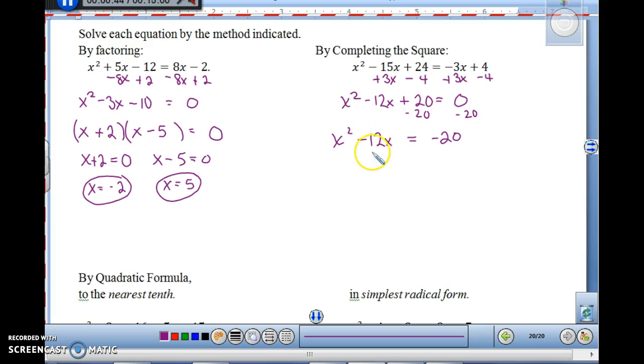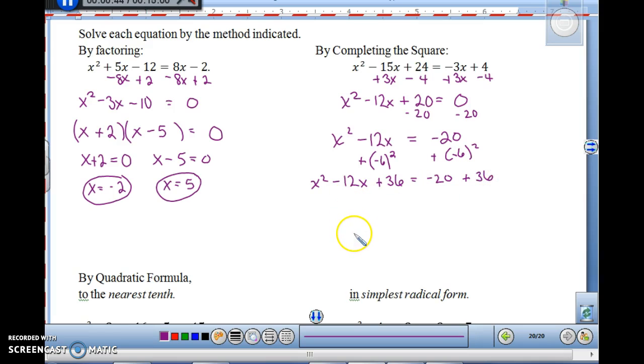That's the b. So half of that would be negative 6, square it. And you have to add it to both sides because you can't add it to just one side. You get x squared minus 12x plus 36 is equal to negative 20 plus 36.